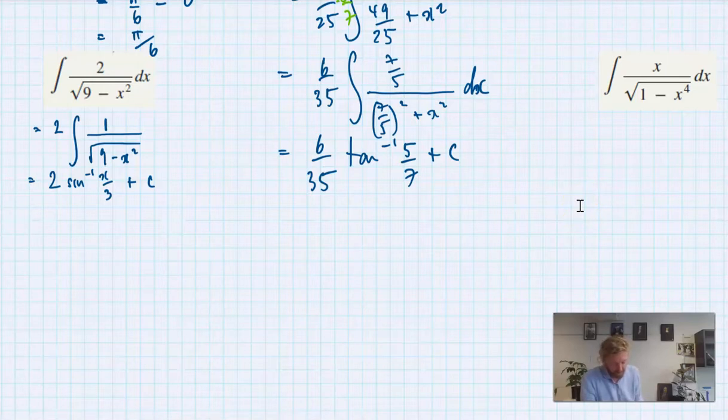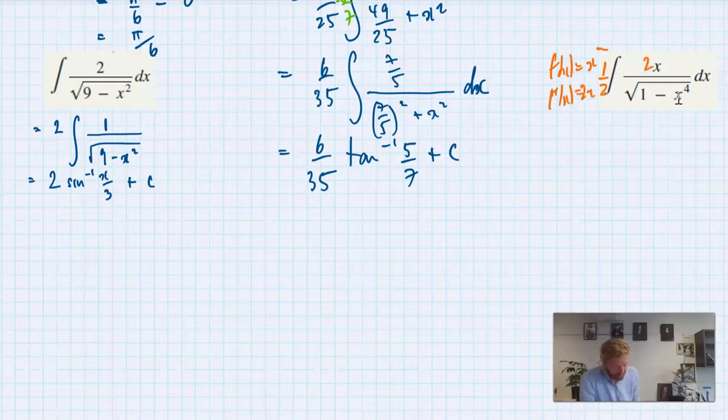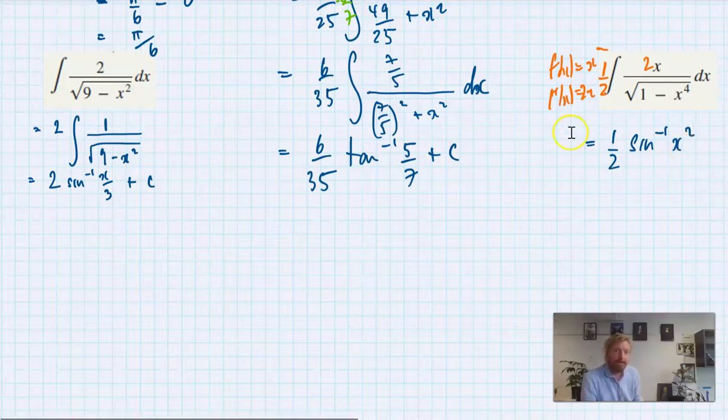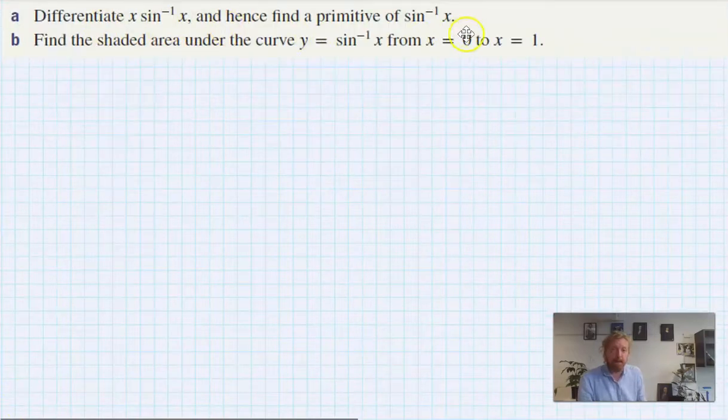If f of x equals x squared, then f dash x equals 2x. So I want a 2 there and a half there, and then I get a half sine inverse x squared plus c. Okay.